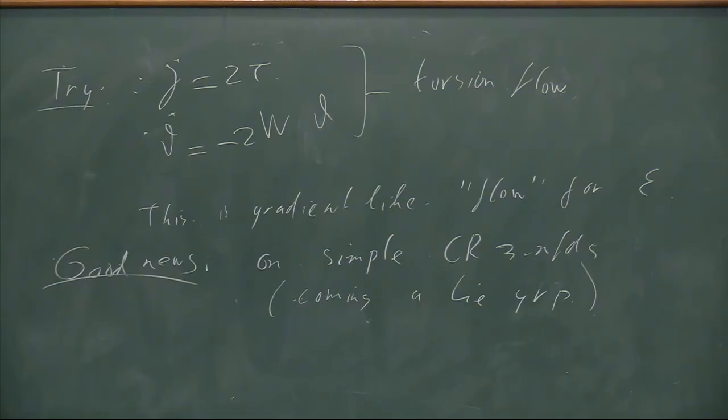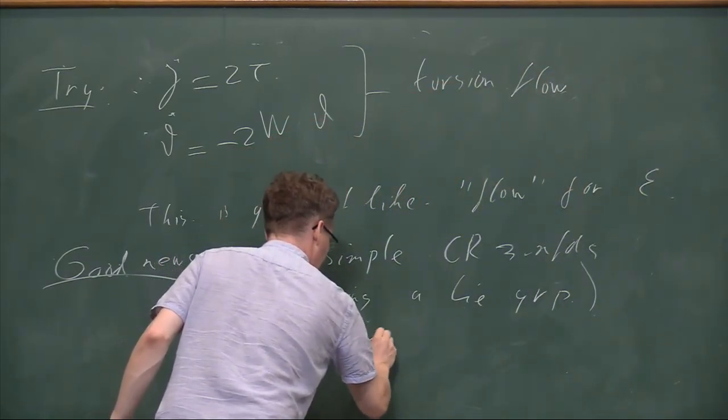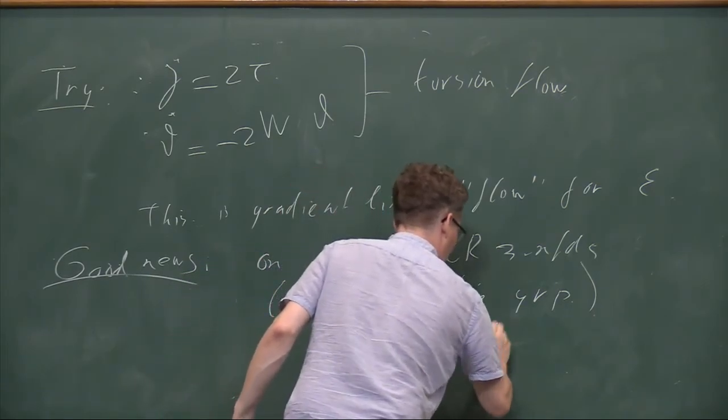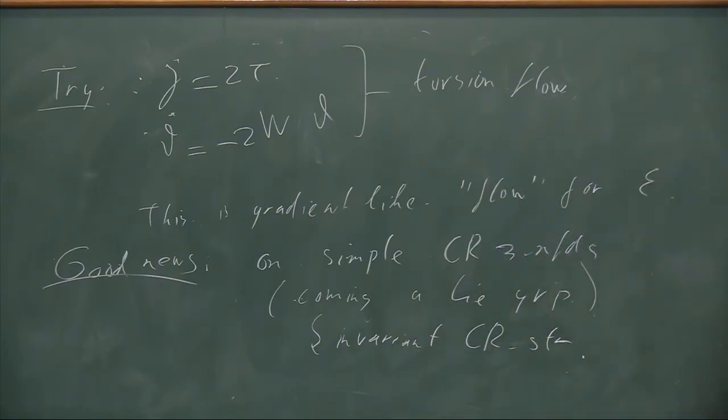So you get some kind of invariant CR structure. On these simple contact manifolds or CR manifolds, this flow behaves as expected. For example, if you take these Rossi examples and you take some deformation, it actually flows to the standard structure.